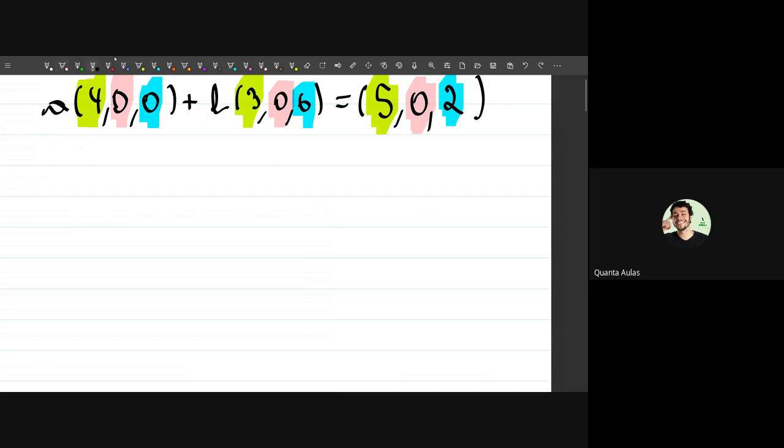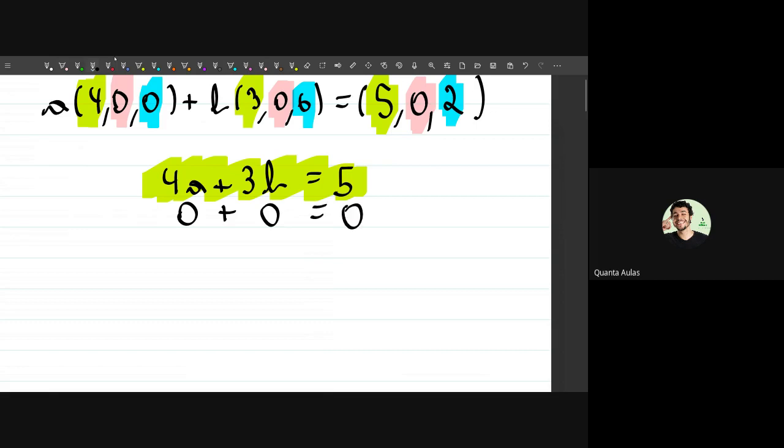So for the first equation, we have 4a plus 3b equals 5. Okay, this is the yellow equation or green, I don't know what color this is. 0a plus 0b equals 0. Right, this is cool, but unuseful.